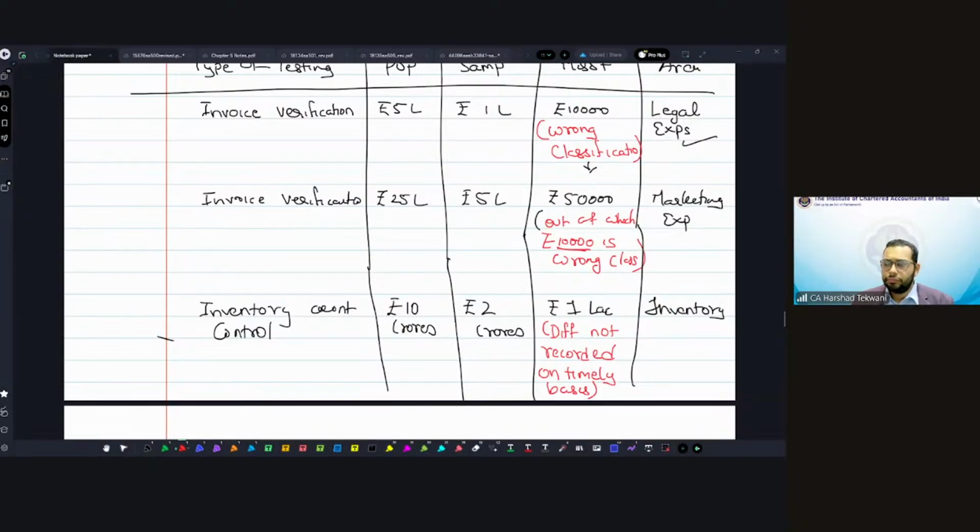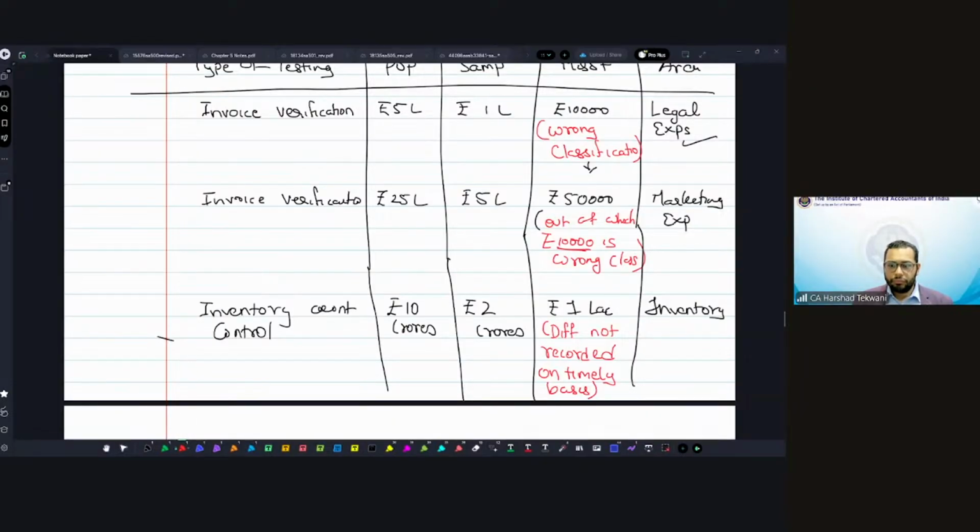With respect to the third line item, inventory count control, the first 2 line items talk about the test of details. The third line item talks about the test of controls. When we do the test of control, it relates to the internal control procedure, which means this misstatement we found is 1 lakh.